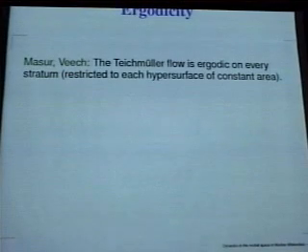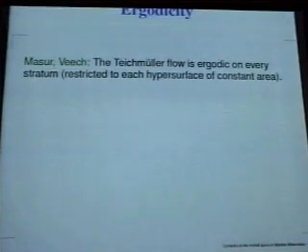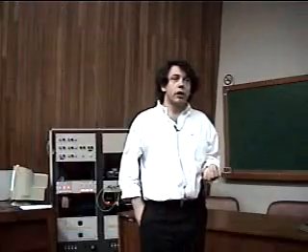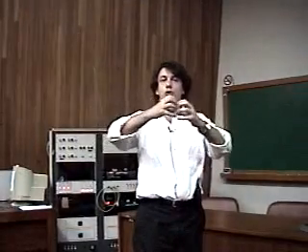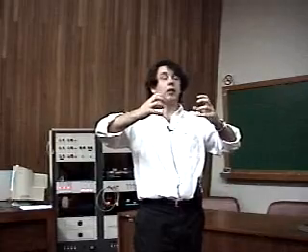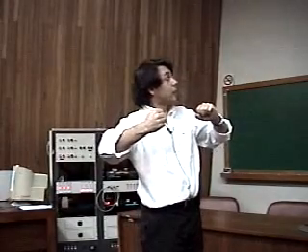So first of all, in the very early 80s, Masur and Veech proved that not only the Teichmüller flow preserves the volume on each one of the strata, it is ergodic with respect to that volume. Ergodicity means that you cannot break any of the strata into two parts that are invariant. I should have said, on every connected component of every stratum. Sorry.